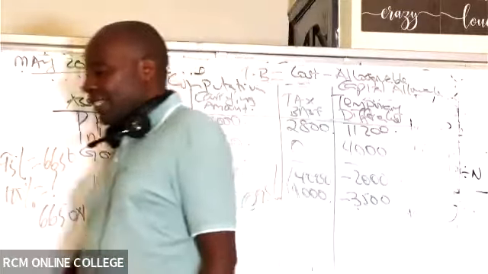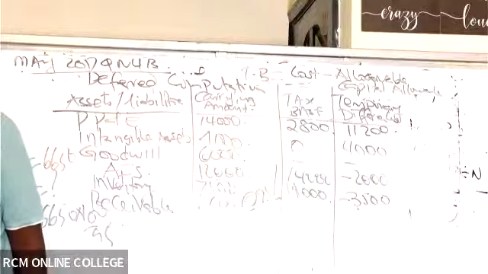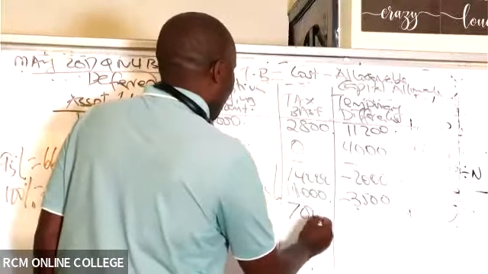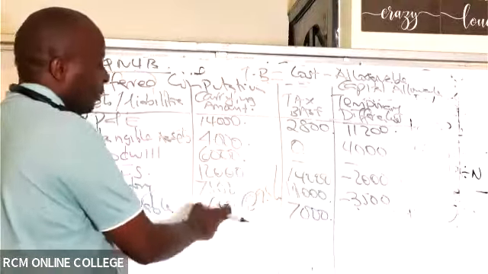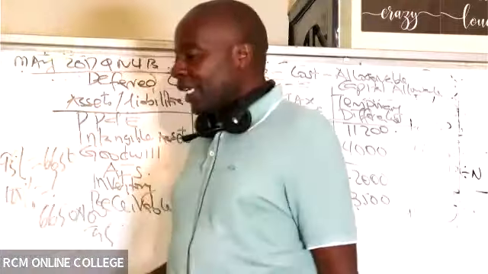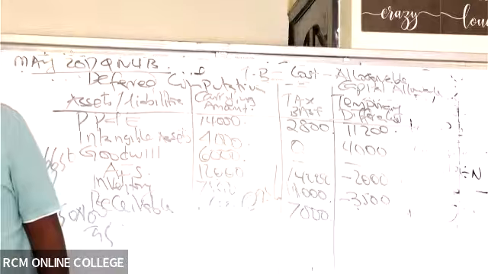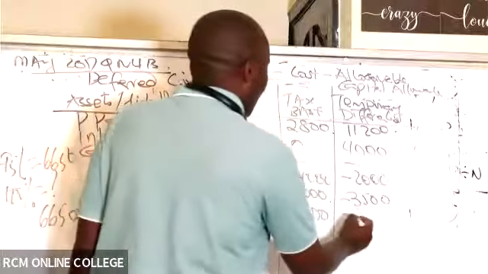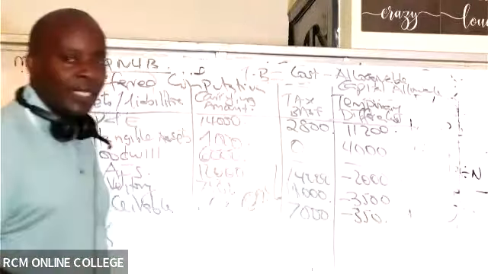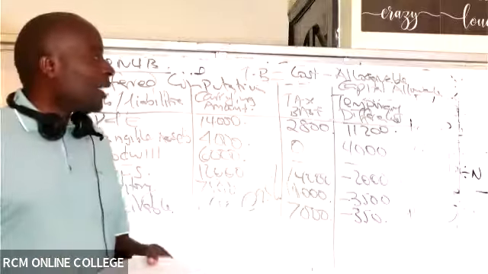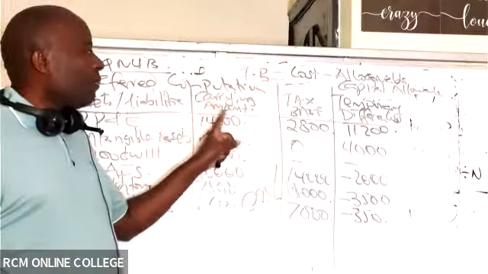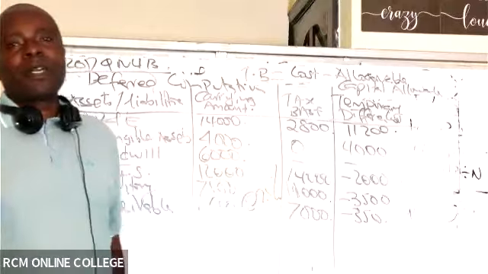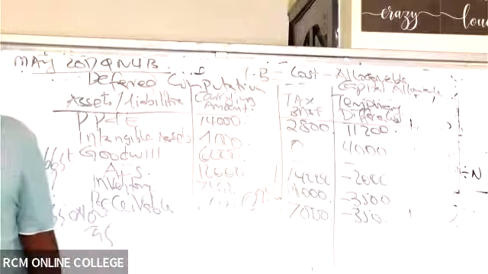That gives 7,000. So 6650 minus 7,000 gives me negative 350. Don't confuse, it is negative 350, because remember, to get temporary difference, we are taking carrying amount minus TB. Temporary difference is carrying amount minus TB.